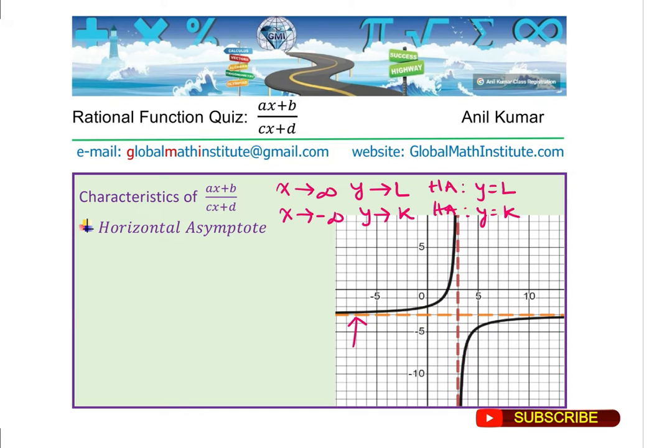Well, in this case, L and k both are the same, but in some rational functions, it could be a different value. You should explore and figure out what kind of rational functions those are.